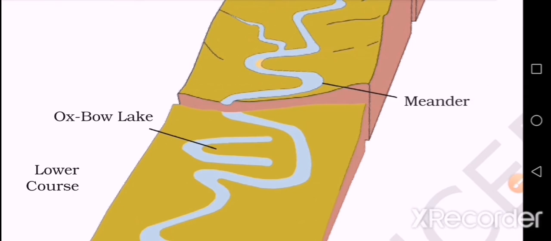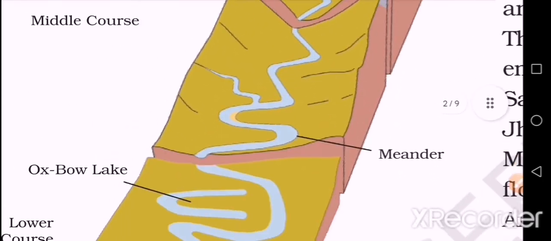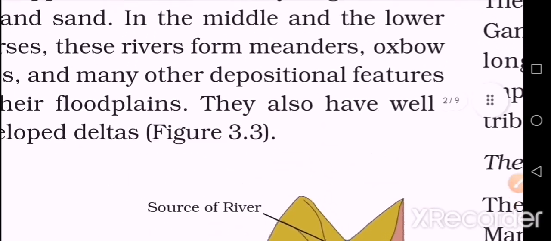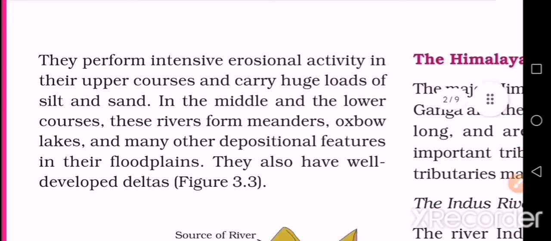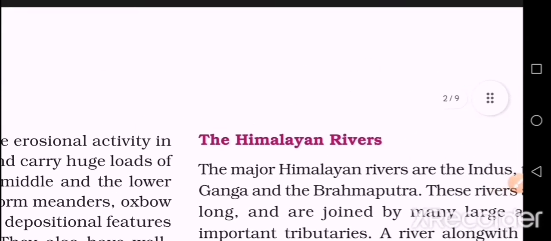The stream changes its direction and cuts off from its meander and makes another path, so that it leaves the oxbow-shaped lake. That happens in its lower course, and in the middle course it makes meanders. It also makes floodplains and deltas.